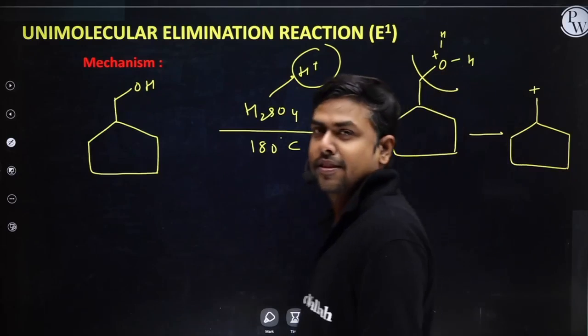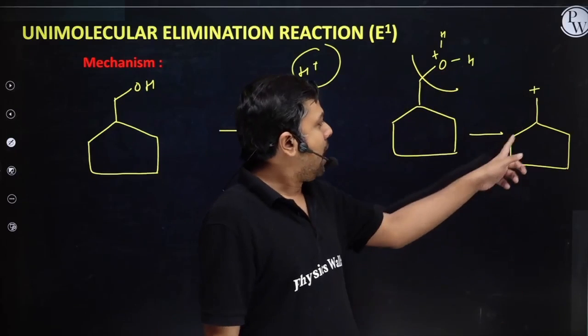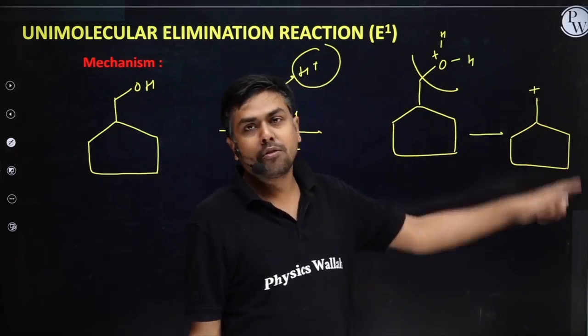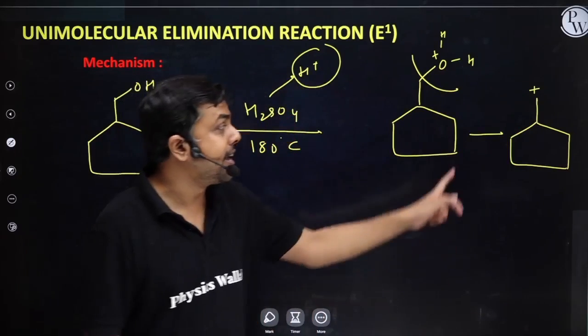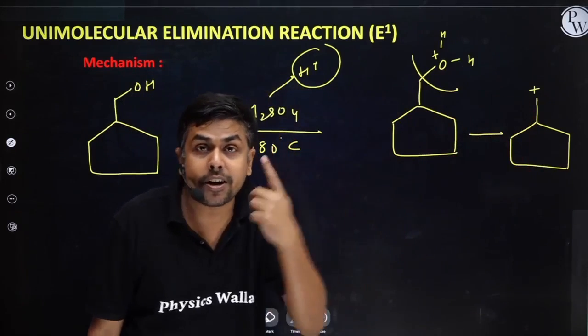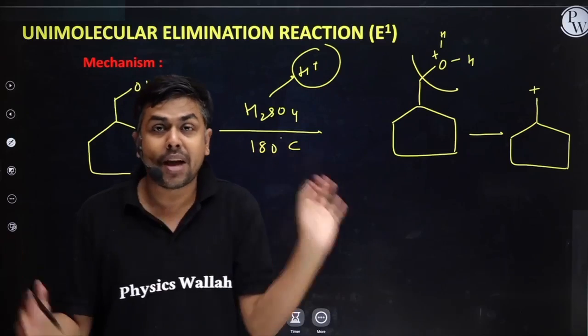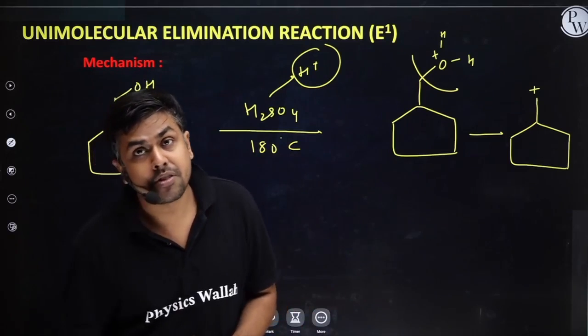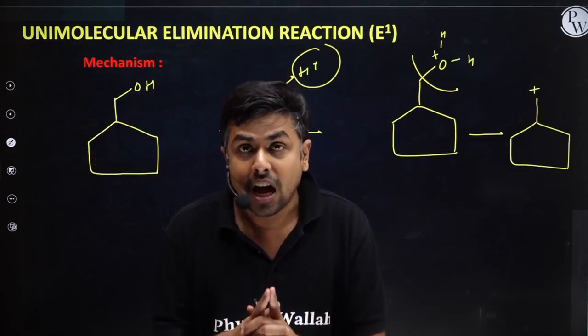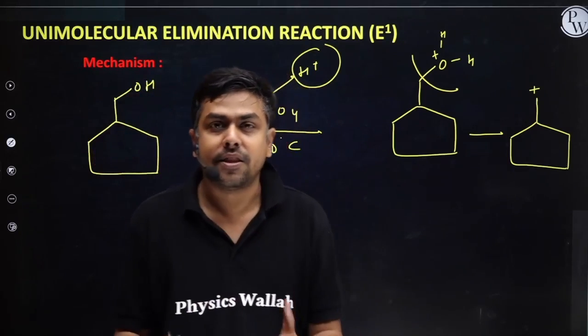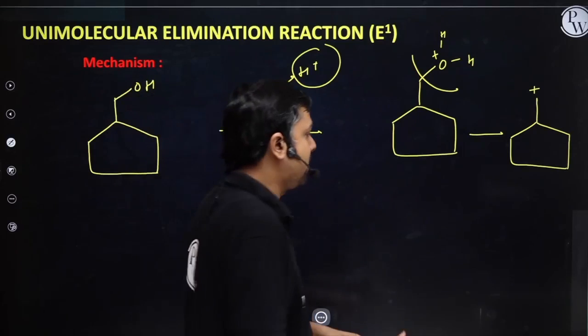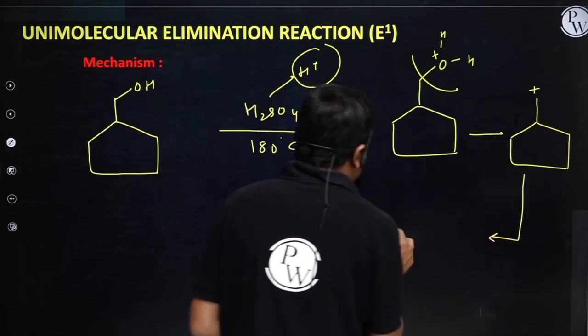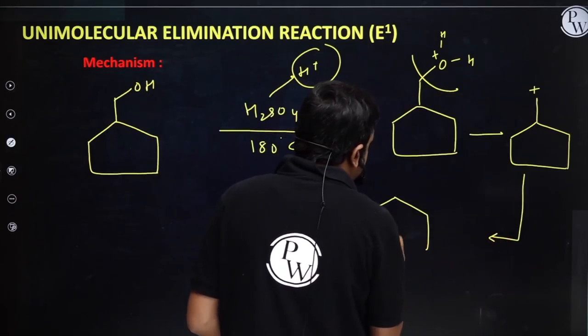carbocation like this. Now, 5-member ring, and just outside this ring I am having a 1 degree carbocation. Will it undergo rearrangement? Yes. Whenever we have a 5-member ring, and if there is positive charge on carbon just outside the ring, the ring will undergo ring expansion, and here I will have ring expansion, which will give me a carbocation like this.